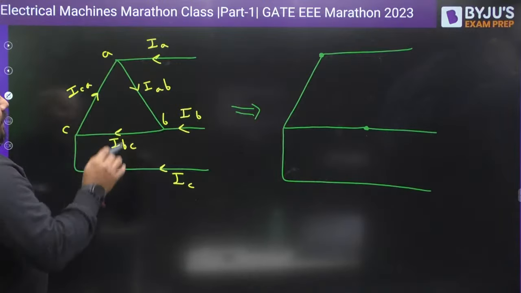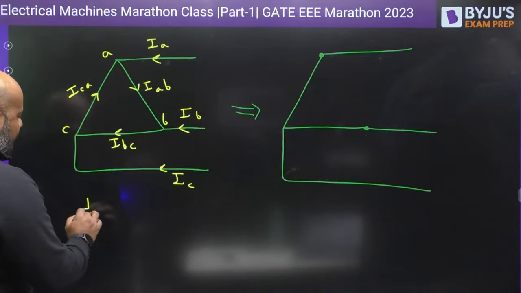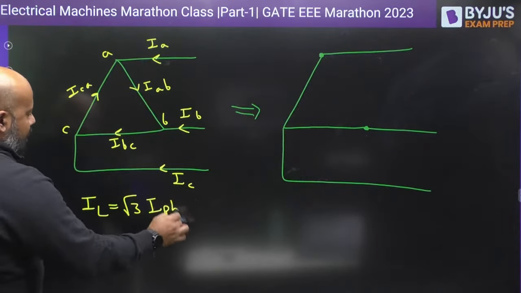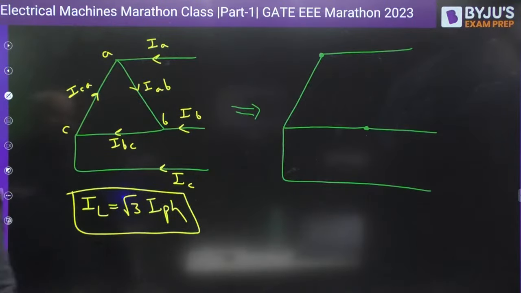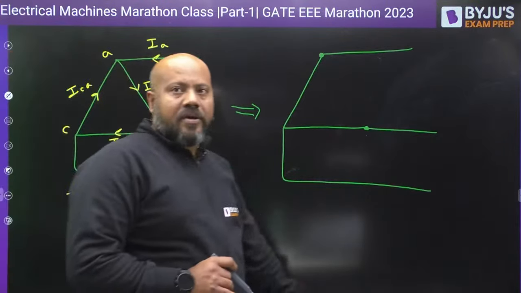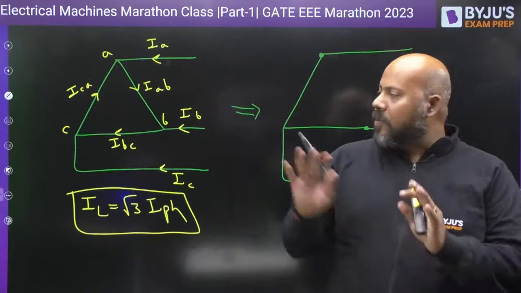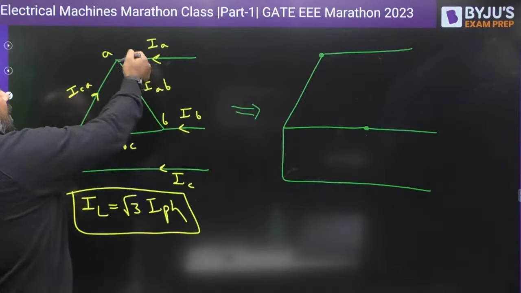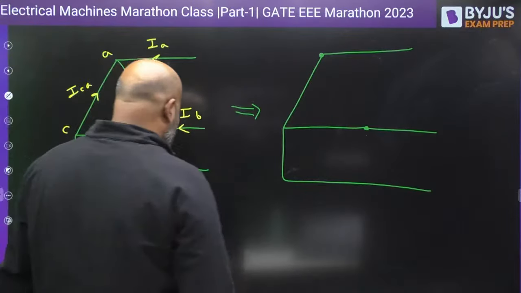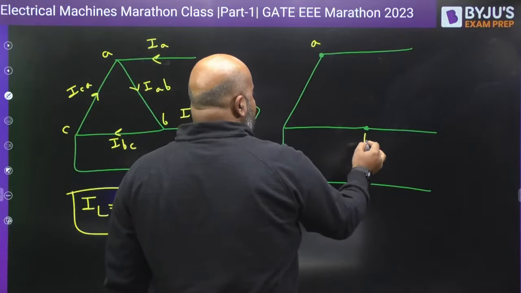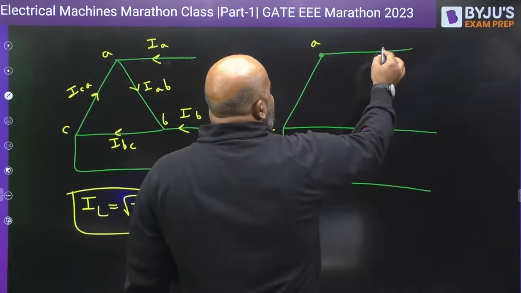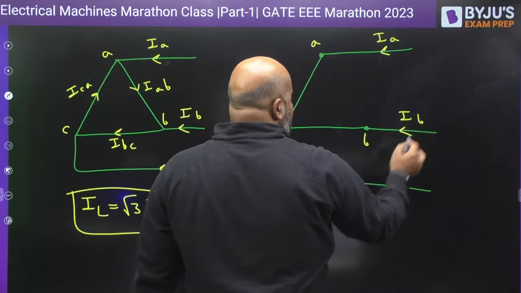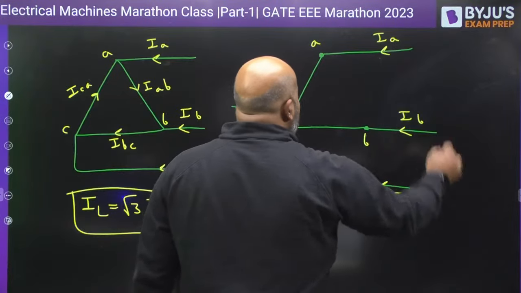Now in case of delta connection, the line current is √3 times the phase current. Are you getting this or not? Line current is √3 times the phase current in proper delta connection. When one of the phases is open, suppose this AB phase is open, what is happening? This is A, this is B, this is C, with currents IA, IB and IC.